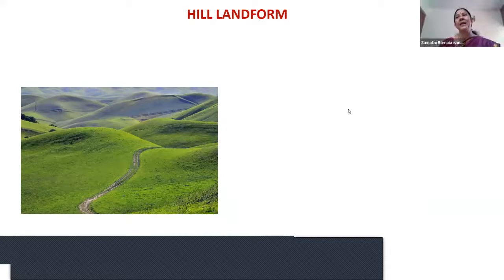Then you can start explaining about hill, that a hill is a landform or a piece of land that is above the surrounding land. It also has sloping sides, but the steepness is not as much as that of a mountain. Hills are of many sizes, different, from small and flat to high and rolling.